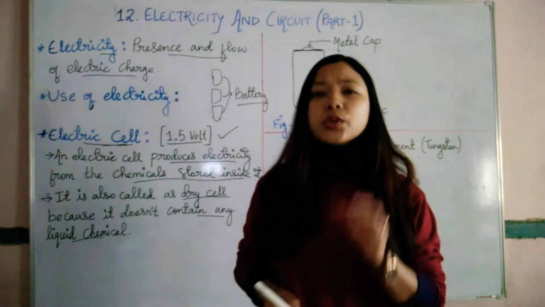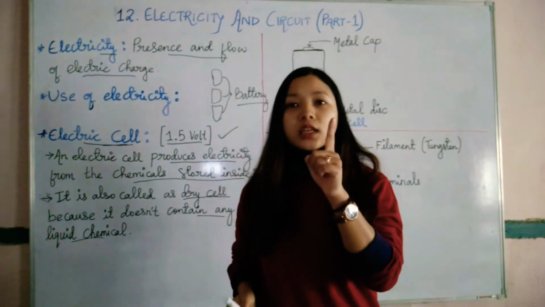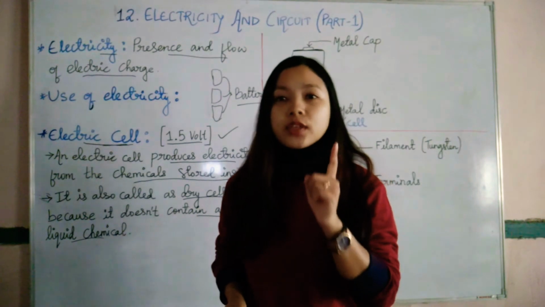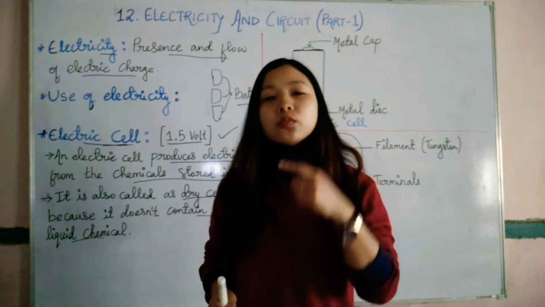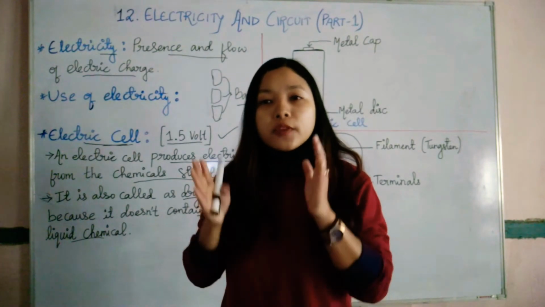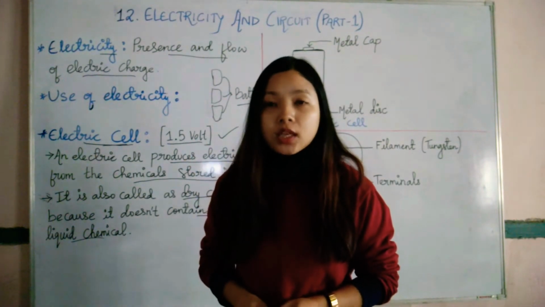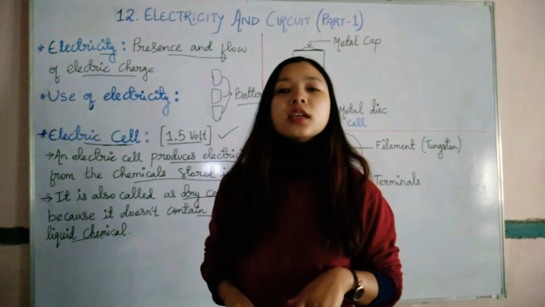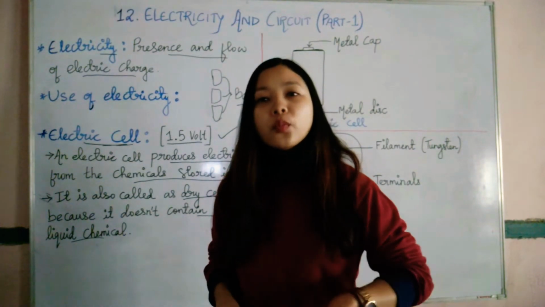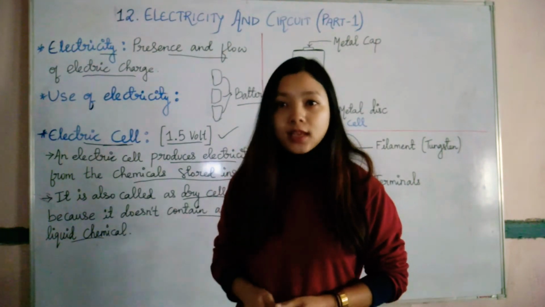Most of the time we use the term battery, which is actually incorrect. A single unit is known as an electric cell, and if we are putting two or three or more together and using them, then it is termed a battery. So what is a battery? A battery is a combination of more than one electric cell.